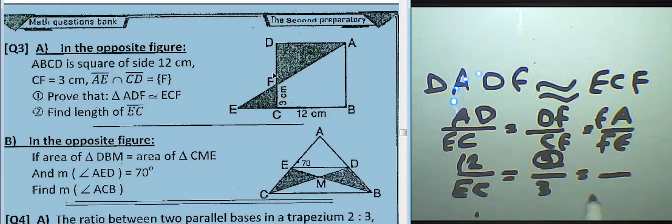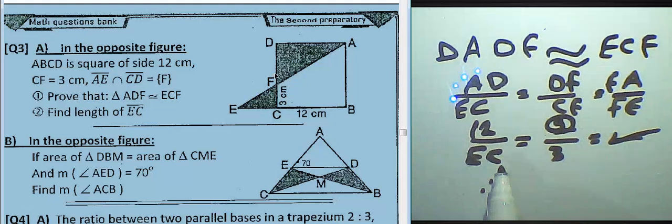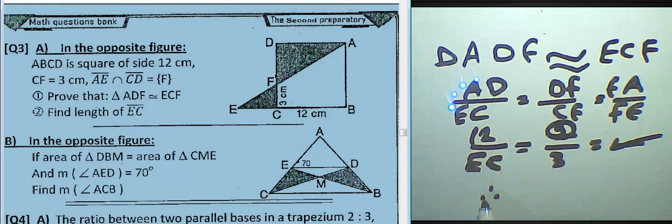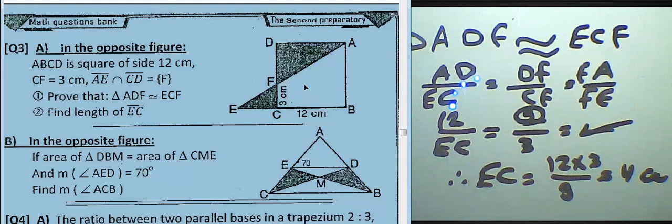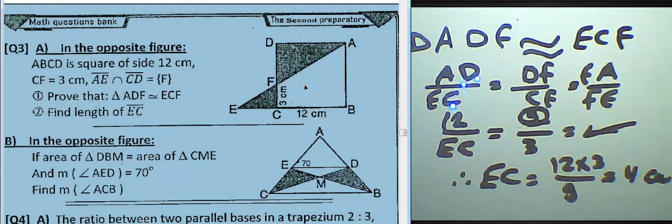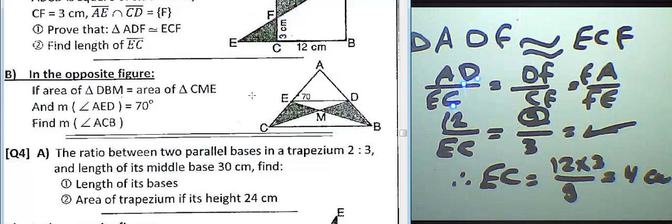And then you can complete the result to find the length of EC equals 12 times 3 divided by 9. 12 times 3 is 36, divided by 9 equals 4 centimeters. Then the length of line segment EC is 4 centimeters. Okay, next question.